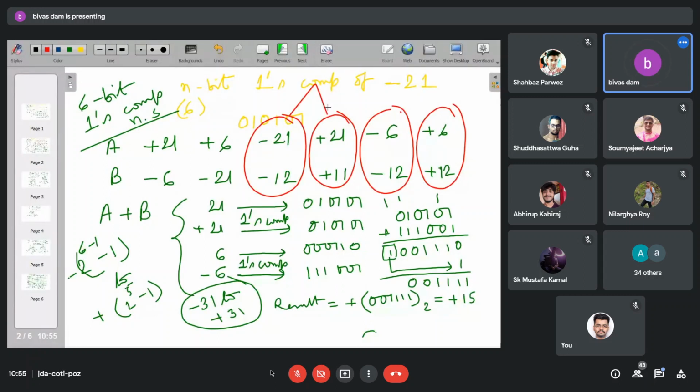Any idea? We've already seen that. Sir, the sign is different from both the operand signs.